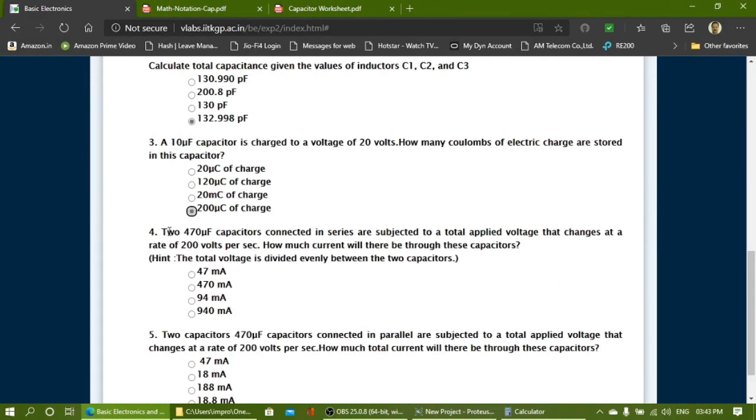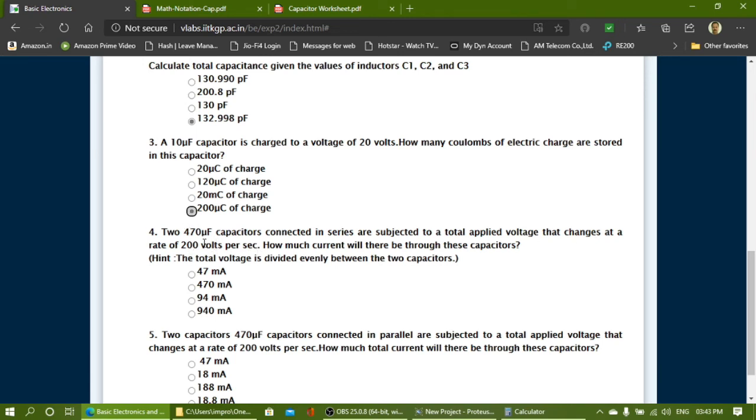Now question number 4, where you have been asked that two 470 microfarad capacitors are connected in series and subject to a total applied voltage that changes at a rate of 200 volts per second.